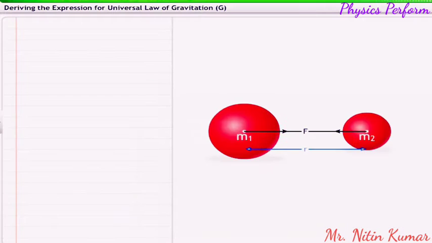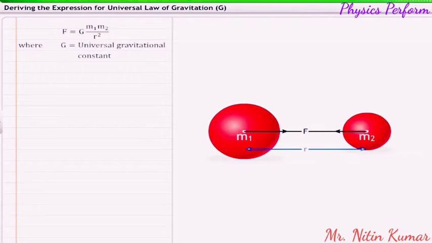To equate this relationship, we use a constant of proportionality, G, which is the universal gravitational constant. This gives us F is equal to G m1 m2 divided by r square.